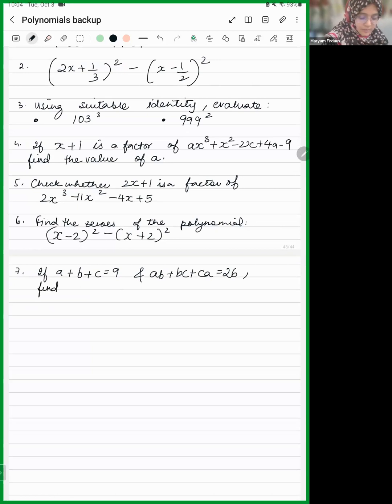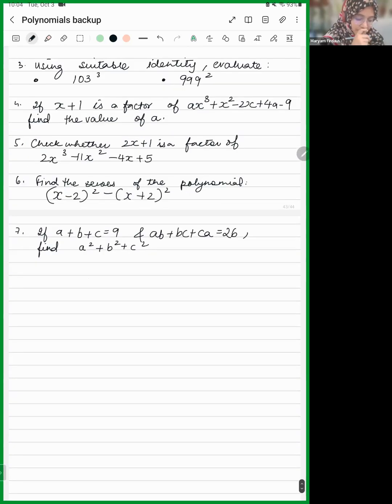Find a square plus b square plus c square.